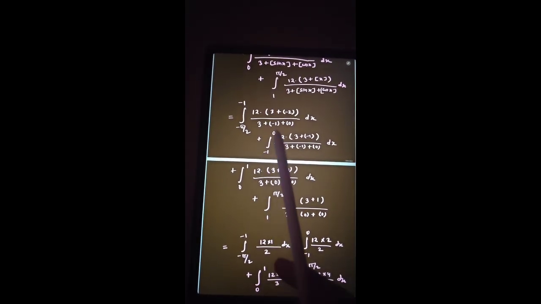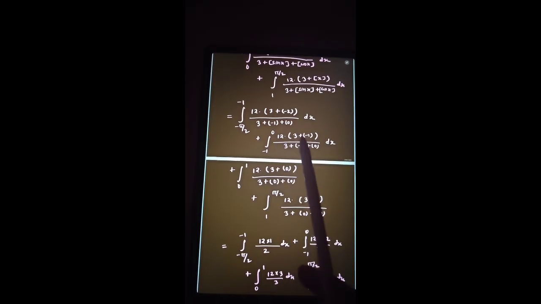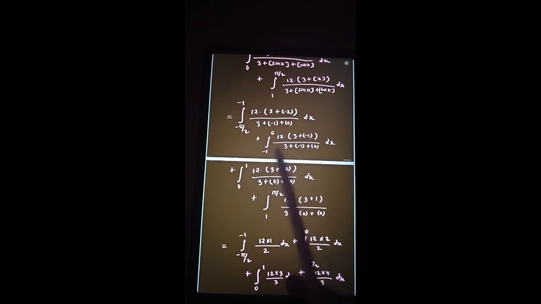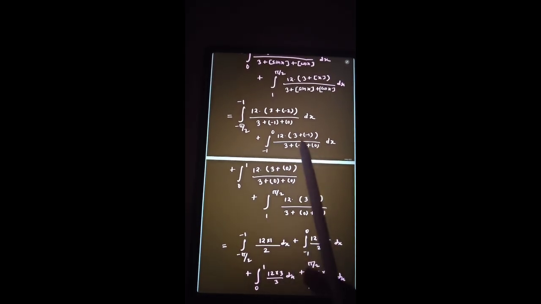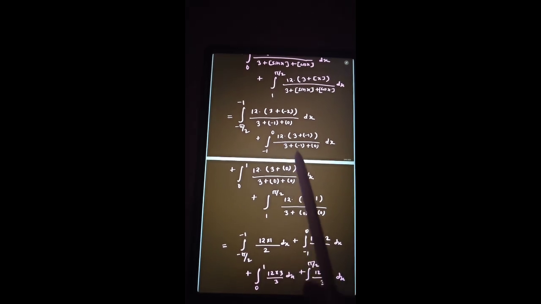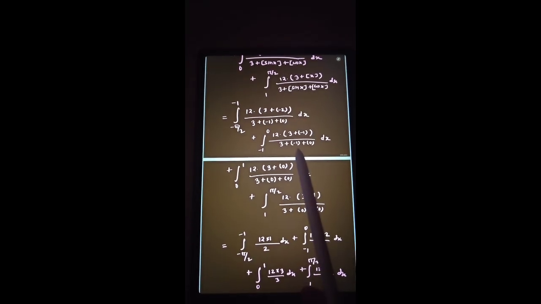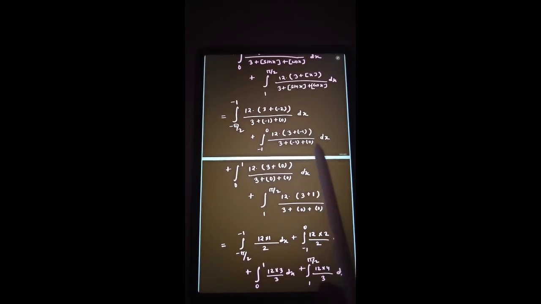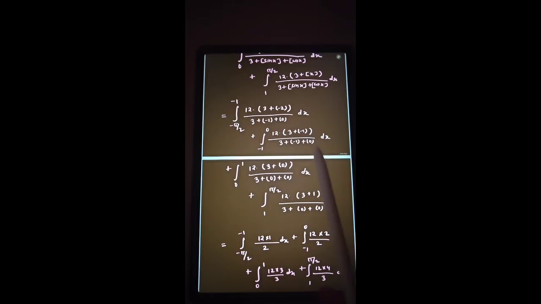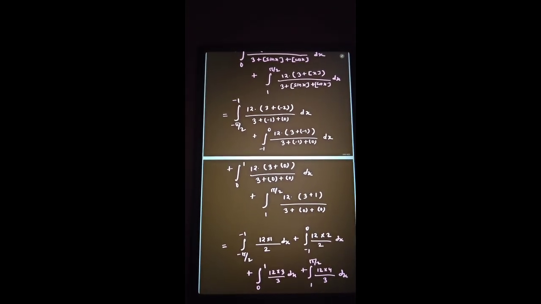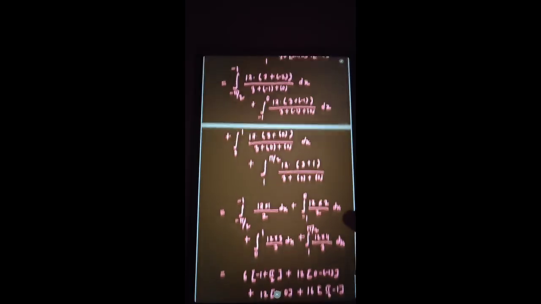Similarly for minus 1 to 0: 12 divided by 3 plus minus 1, as the greatest integer value of x in this interval is minus 1. For sin x, again minus 1, because it is a negative interval, so it will give you minus 1 for the greatest integer value of sin x. And for cos x in this interval also, it will be 0, because we have already seen it.